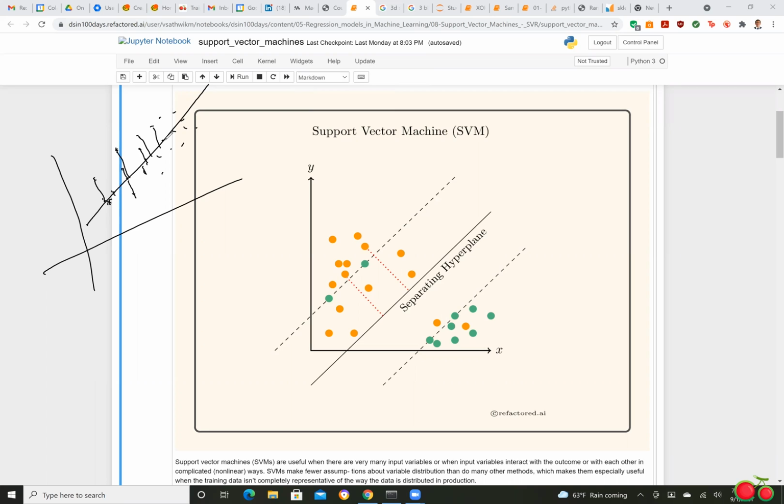But it doesn't happen to be the case for the green category objects or points. So that's the reason why, in this figure, this is not the best hyperplane. It's one of the hyperplanes, but it is so far away from this group.